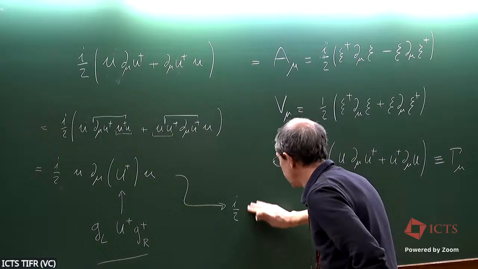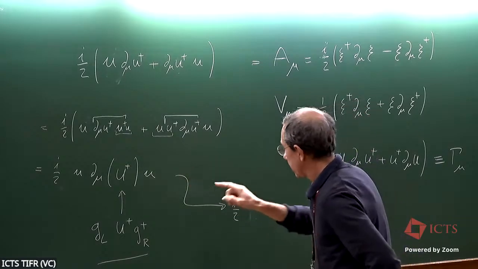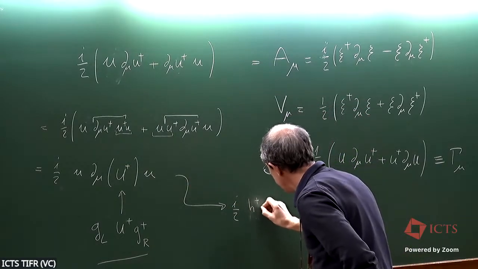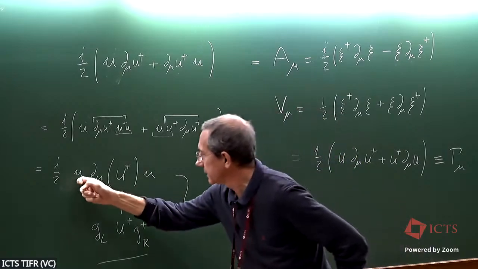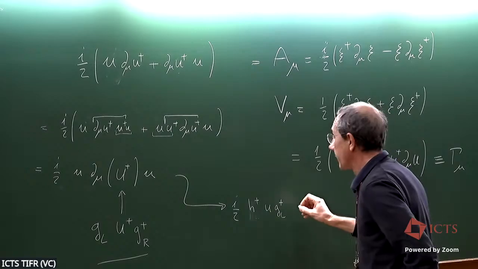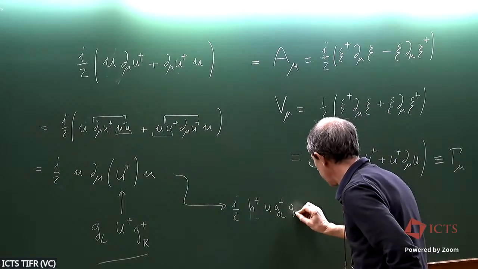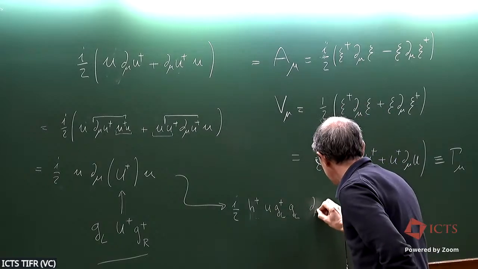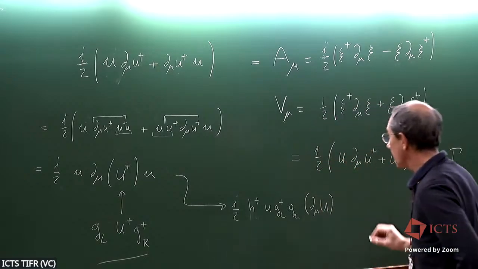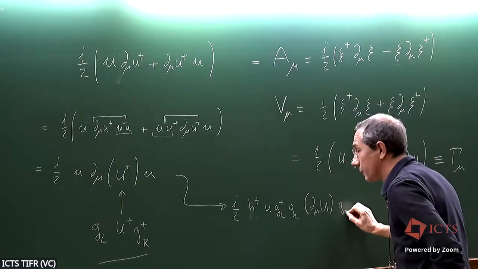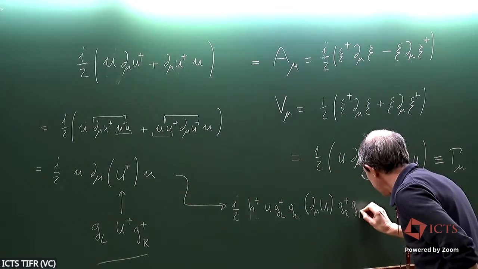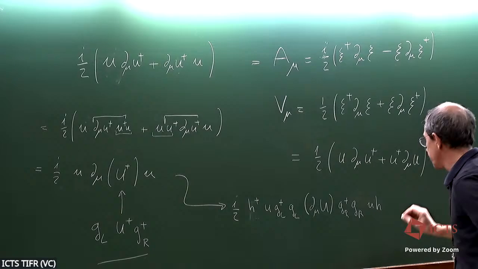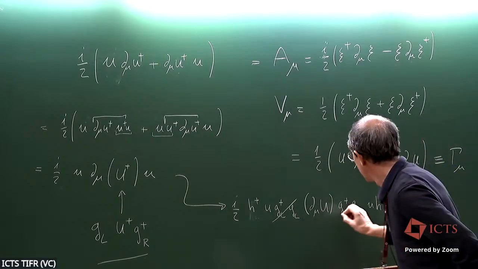Sorry, here I want to use the fact that U transforms as H dagger, U G left dagger. So these things will compensate my G left. And here I have this term that goes like G left, D mu U, and then I have my G right dagger. Here my U also transforms as G right U H, so this will go away.